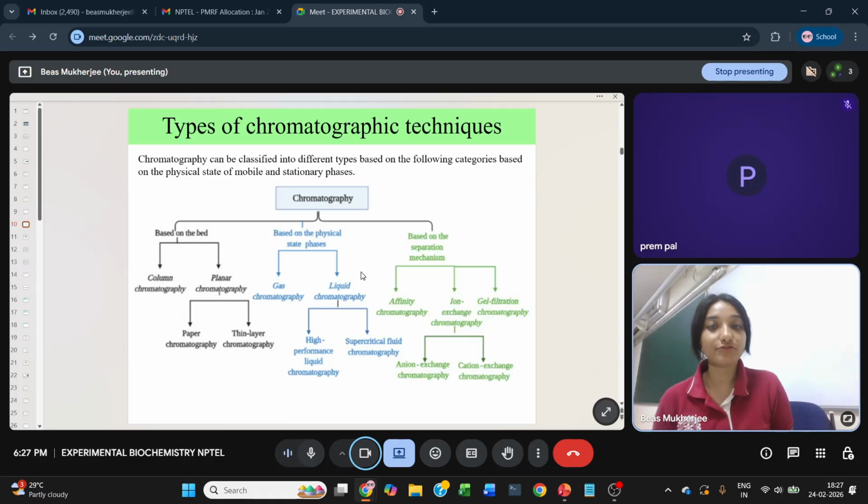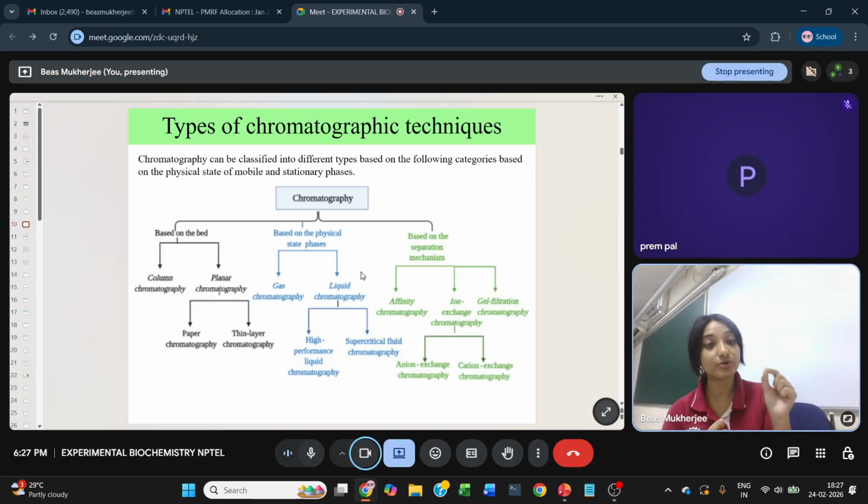For liquid chromatography, one type we can talk about is high performance liquid chromatography, which is HPLC, and then there are also other different types of liquid chromatography. Next, based on the mechanism of separation, there can be affinity chromatography, one example of which is Ni-NTA based chromatography.